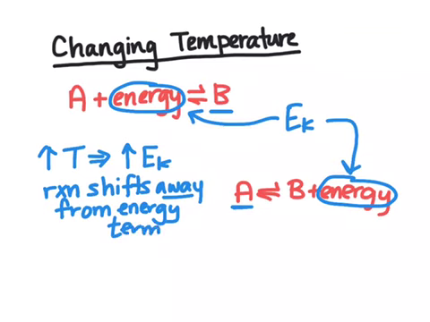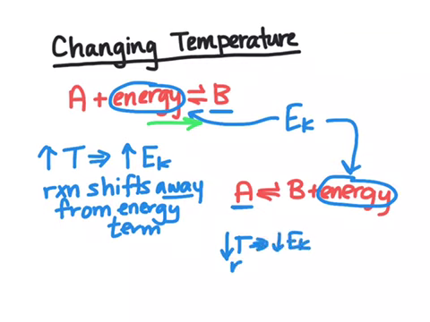So if our reaction is endothermic, we add energy, it's going to shift to the right to use up that added kinetic energy and convert it to potential energy. Now, if we decrease the temperature, what we're doing is removing kinetic energy.